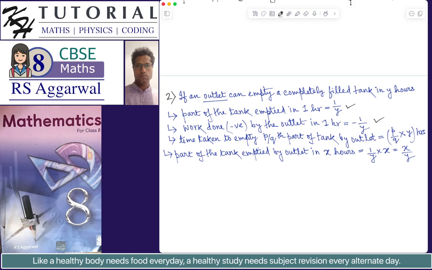Now let's try to understand these results with an example. Let's say it is given that an outlet empties a completely filled tank in 6 hours.